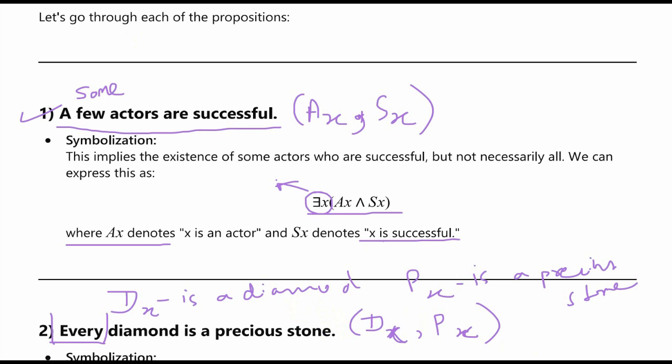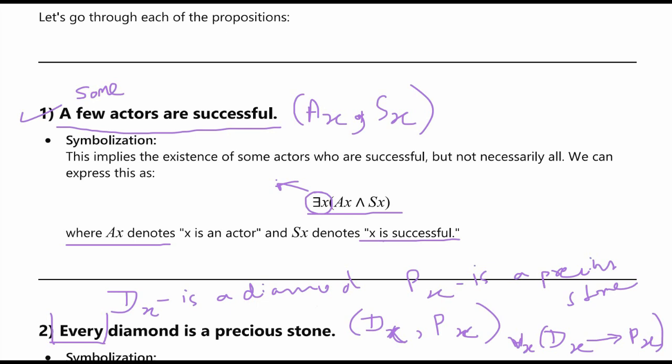What you have to do is dx, px will remain. But now what do we use in between? We use the directional arrow, or conditional arrow, or if-then, or implies.